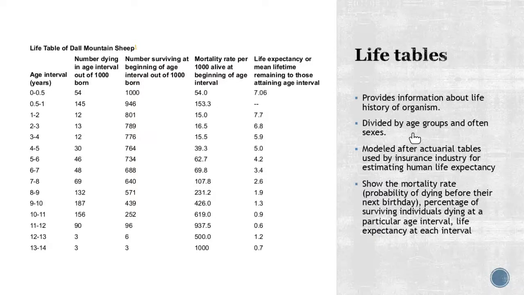Like I said, this is used to help determine life expectancy, and the insurance industry uses this a lot because they want to see the probability of making it to the next birthday, or the probability of the young of this population actually making it to adulthood, and then that might determine how many young they have in each season. You can get a lot of information from these tables.